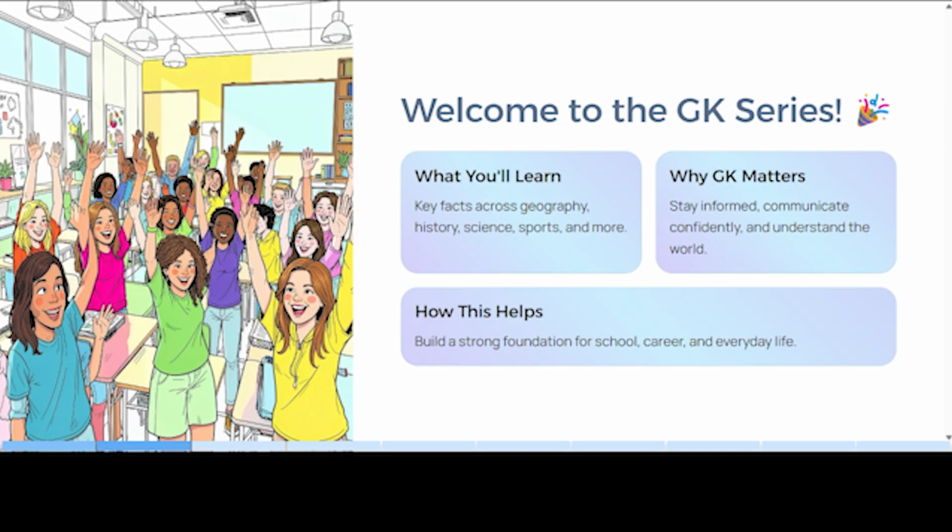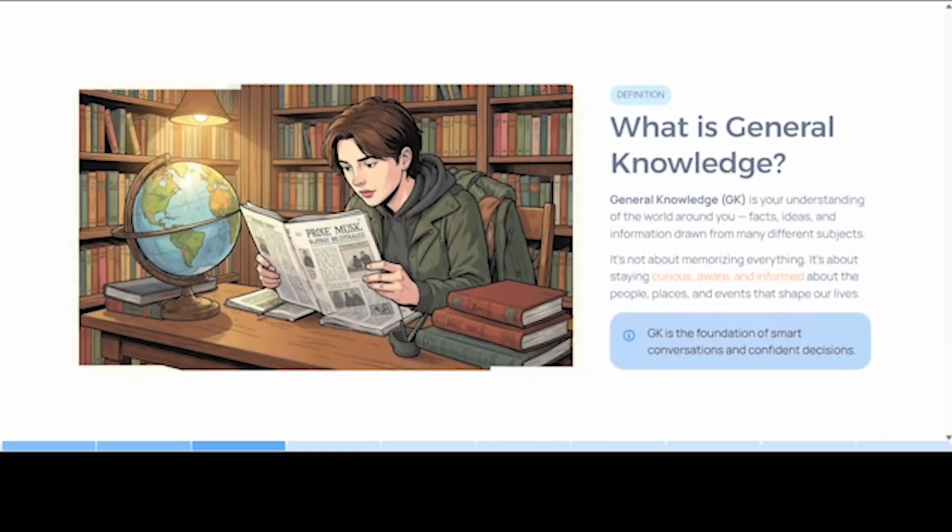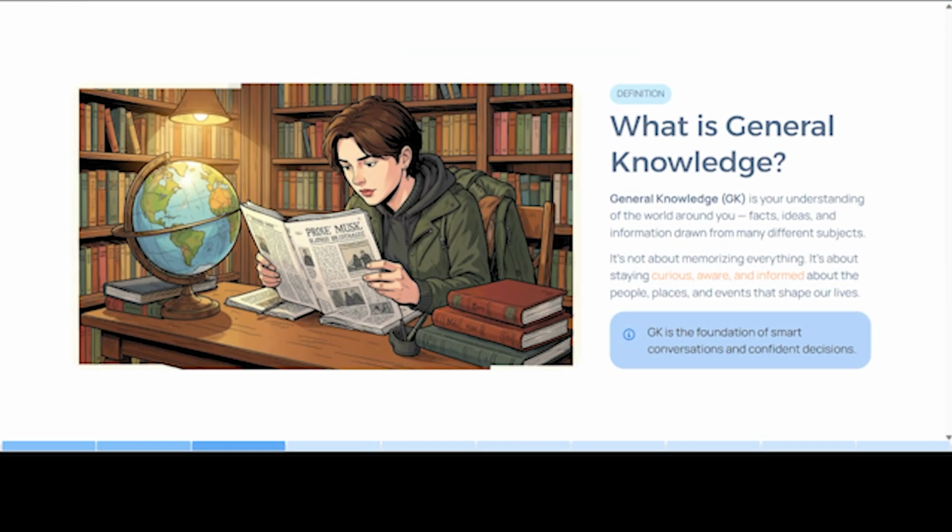So first of all, we are going to see what general knowledge is. Exactly what does general knowledge mean? It's the information and understanding we have about the world around us. It includes facts, ideas, and knowledge from different subjects. GK is not about memorizing thousands of facts.